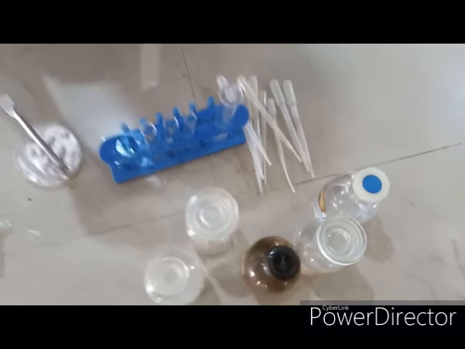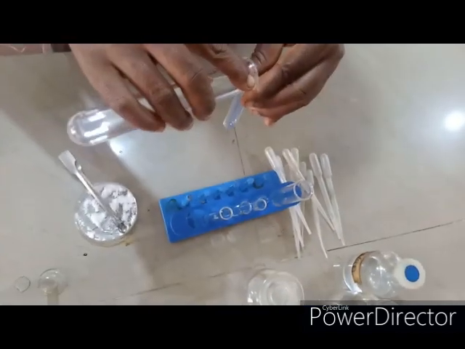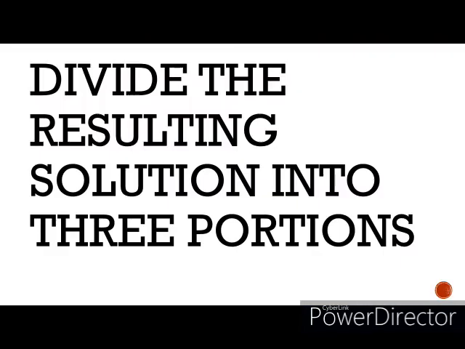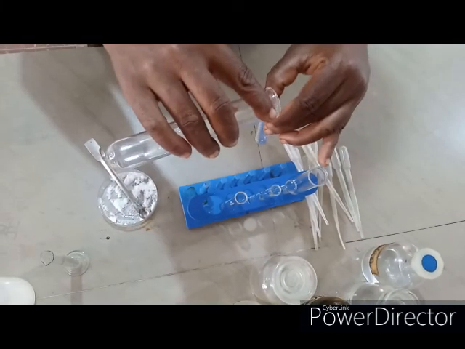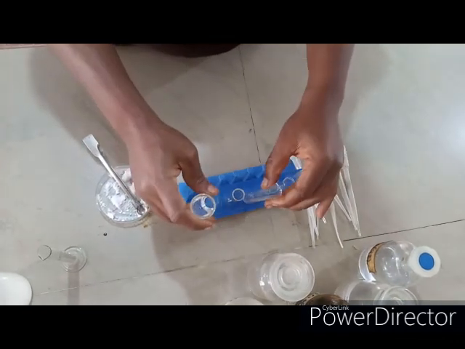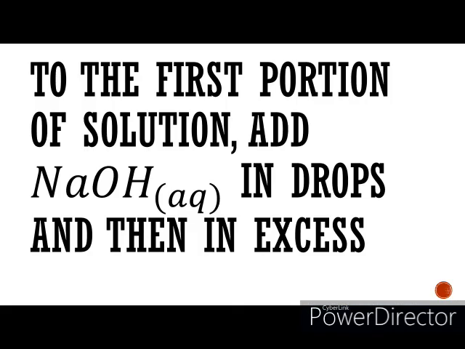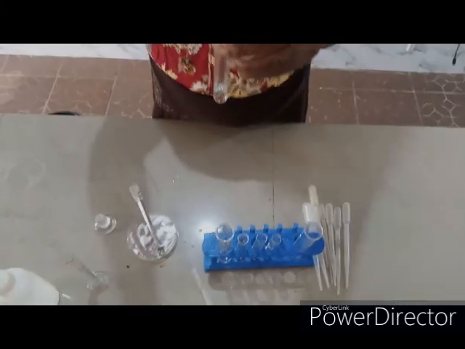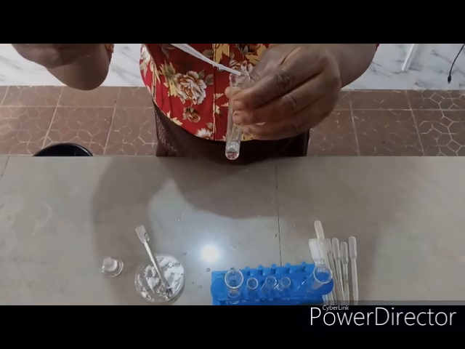Divide the resulting solution into 3 portions. To the first portion of the solution, add sodium hydroxide in drops and then in excess.